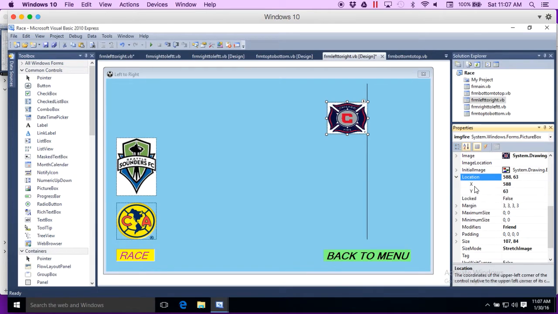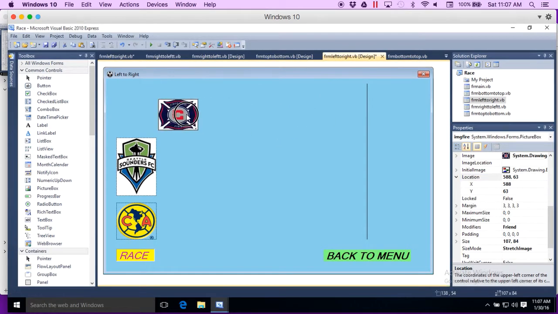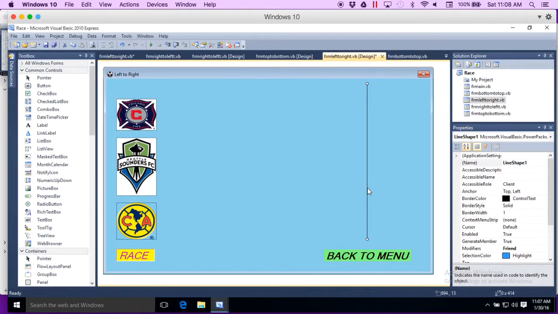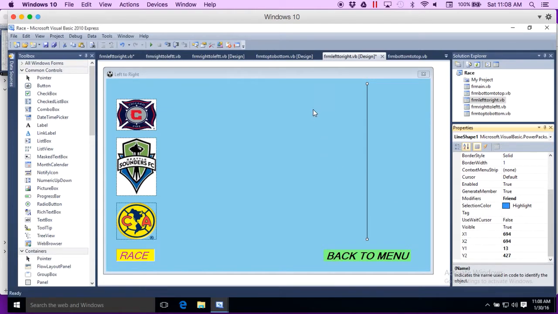The left property, when X is 588, when the left side is 588, that means the right side is touching the line. So as long as all three of your objects have the same width, and mine do, then all I have to do is code 588. So in reality, it's a magic number. The magic number is not really 694. It's not really the finish line. You're really coding 588, which is just to the left of it.